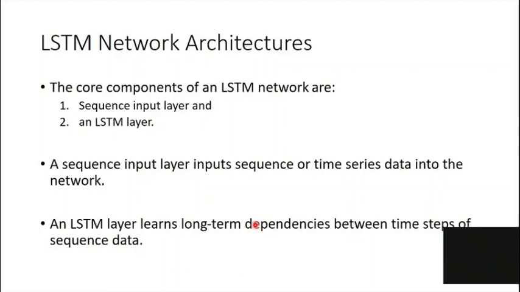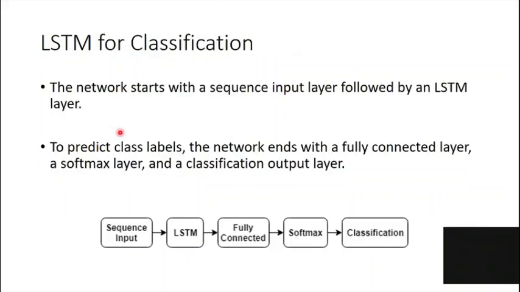And I thought the next step would be logically to show what are the typical LSTM network architectures that you will find. All right, so typically the core components that you will find in an LSTM network are the sequence input layer and an LSTM layer. So these are the two layers that you will usually find, and this is how they're usually arranged.